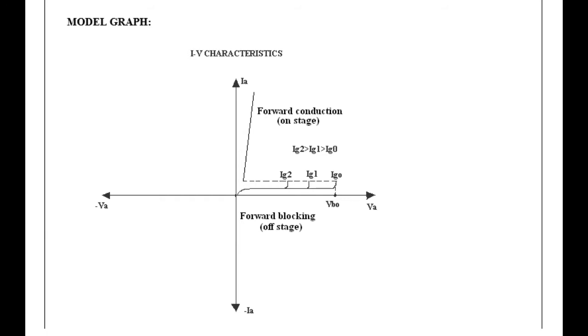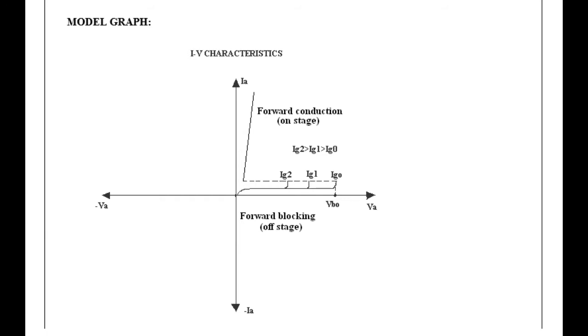This is the model graph for IV characteristics of SCR. The graph is drawn between anode cathode voltage and anode current. It can be observed from the graph that till forward breakover voltage, SCR is not turned on. Only the leakage current is flowing through it.